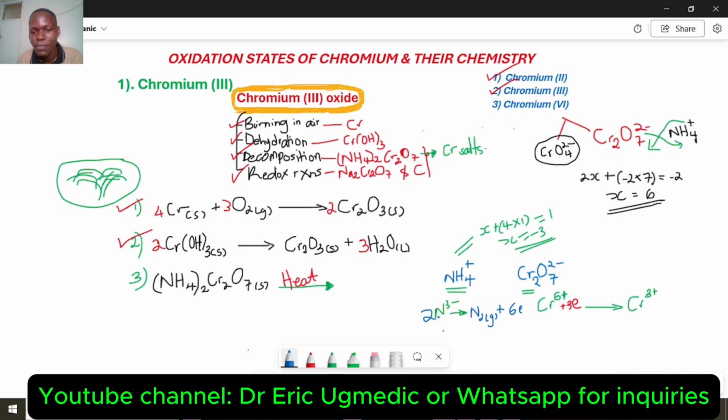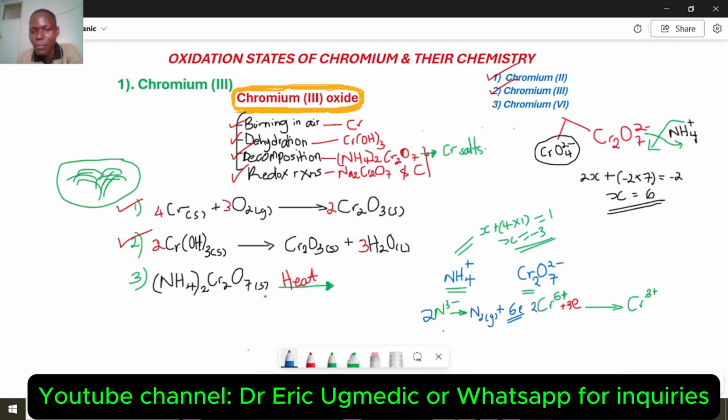So this will be a 2, and you have a total of 6 electrons given. How are these 6 electrons going to be utilized? They will be utilized by this chromium. The chromium is in the +6 oxidation state. Remember here we have 2, and each needs 3. So actually these 6 will be utilized by these. That's how we are going to come up with a 2.